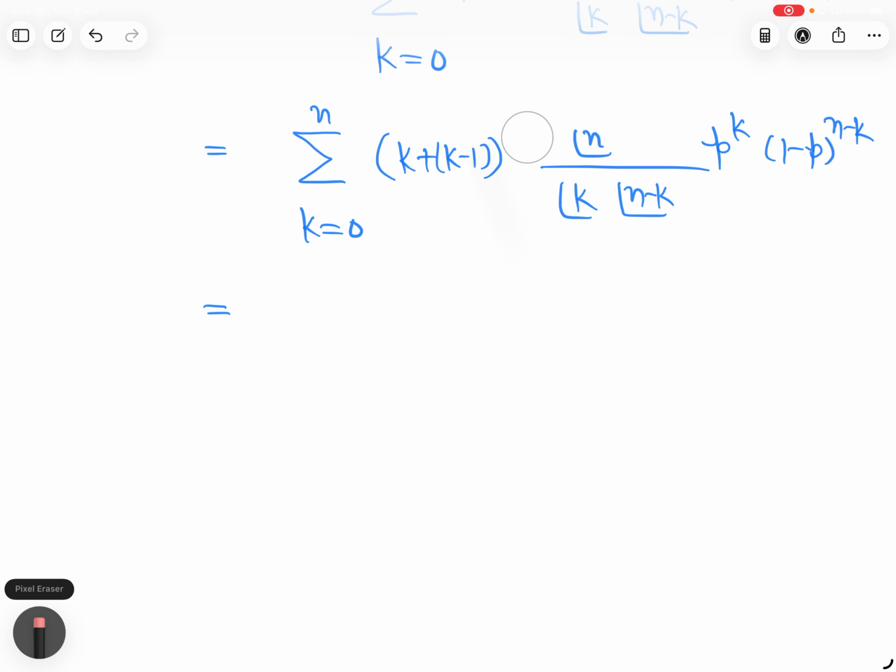Sorry, I should write it the other way: I can write this as x square equal to x plus x into (x minus 1).